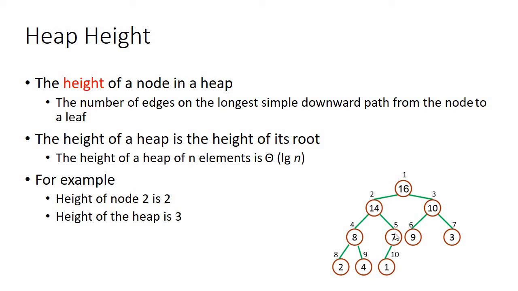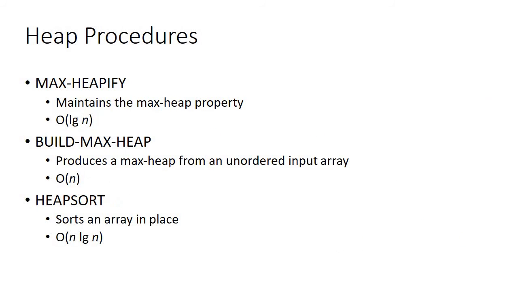If I am standing at 4, the maximum extending edge is simply 1, so the height of 4 is 1. For the whole heap, the height is 3. So the height of a heap of n elements is equal to theta log n. So we can calculate the complexity as well.